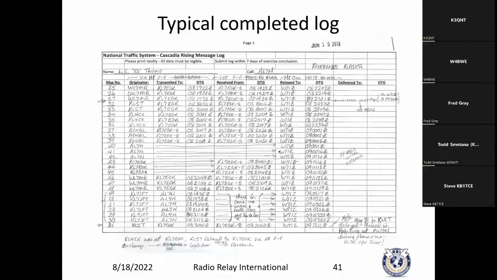From there, it went via the radio telegraph IATN circuits for delivery in Philadelphia to the National Response Coordination Center. So essentially, HF point-to-point digital to the gateway. The gateway transferred the traffic to radio telegraph mode, and it stayed on radio telegraph to the NRCC.